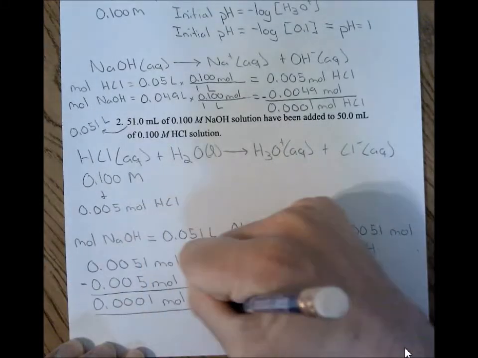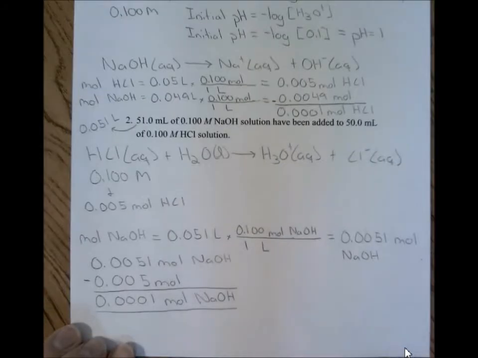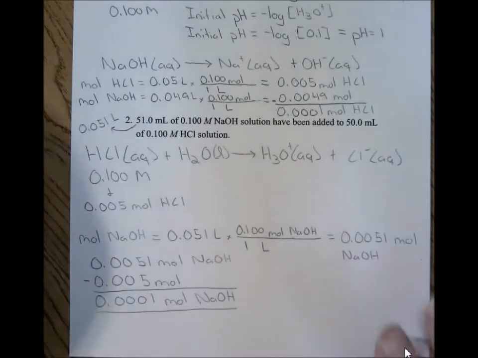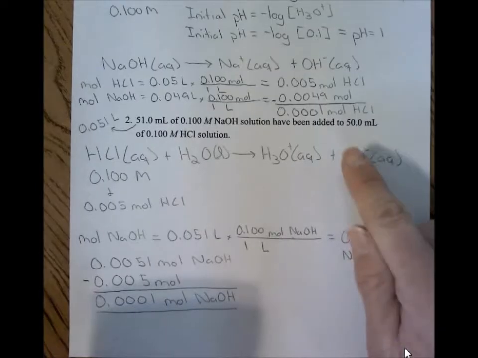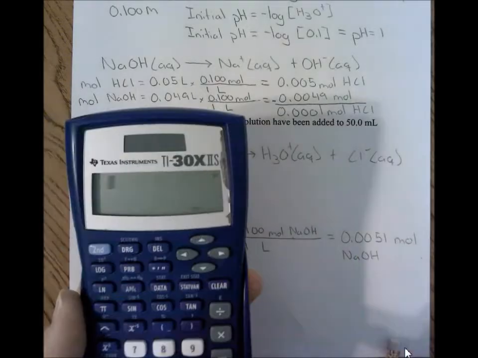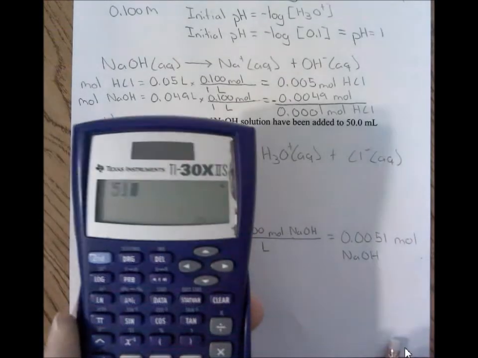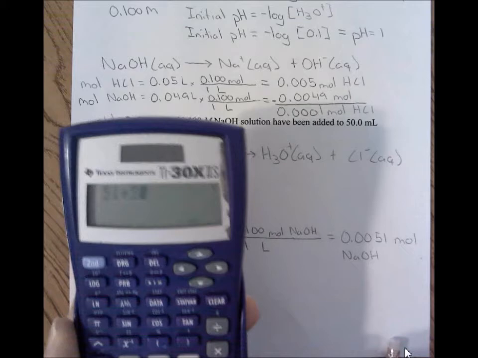We added 51 milliliters to something that already had 50 milliliters. So I'm just going to add those two numbers, 51 plus 50, and we obtain a value of 101 milliliters.